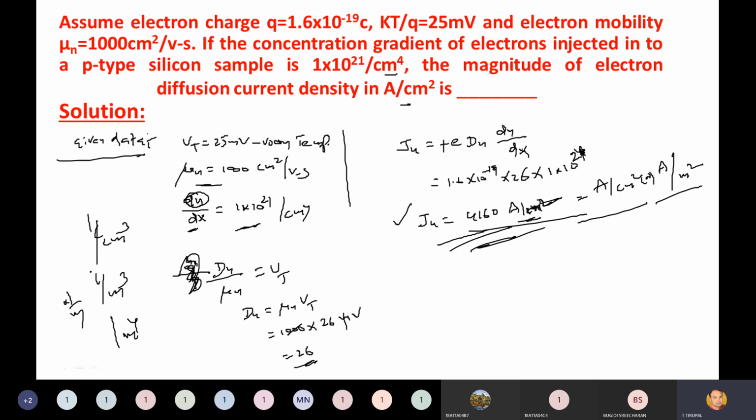Meter power 4. Or if it is in centimeters, 1 by centimeter into 1 by centimeter cube. So what do you get? 1 by centimeter whole power 4. So that is the concentration gradient units, 1 by centimeter power 4 or 1 by meter power 4. Okay, right.